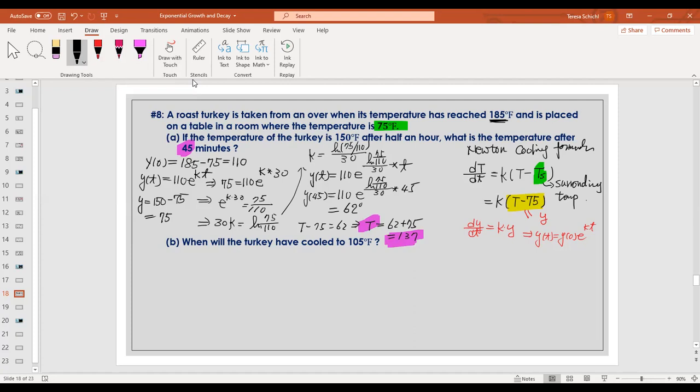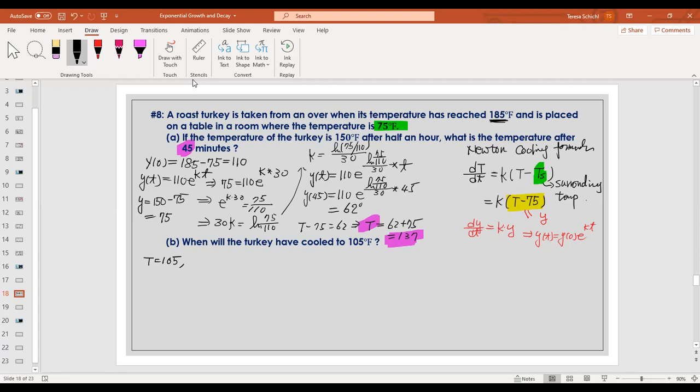Okay, so now let's do the same way. Let's say, when will the turkey cool to 105 degrees here, right? So now, what is my y here? So your temperature is 105. So in here, what is my y(t)?